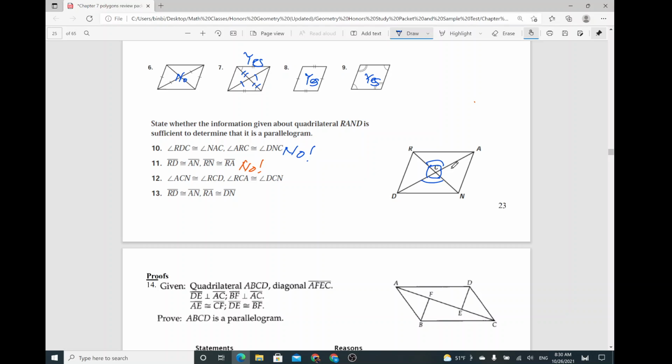Okay. So now let's see if the vertical angles are congruent. Yeah, also this one, it's not enough information to say that it's a parallelogram, and the reason is that we're not sure about the line segments there.